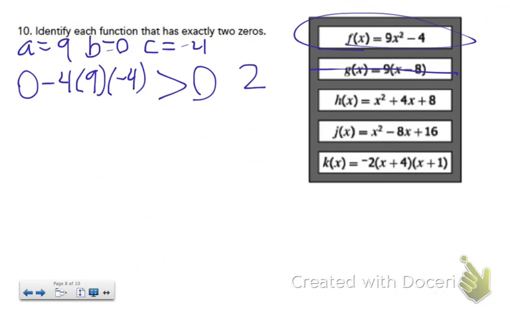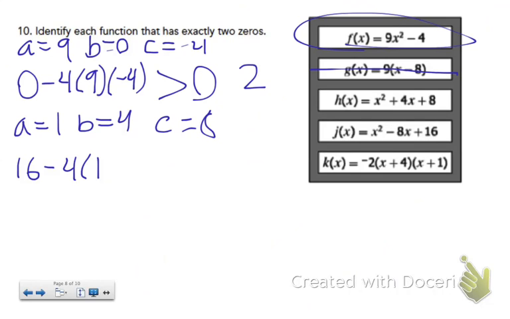H of x, A is 1, B is 4, and C is 8. B squared 16 minus 4 times 1 times 8, and that's going to give me negative 16. So a negative number is less than 0, so no solution.